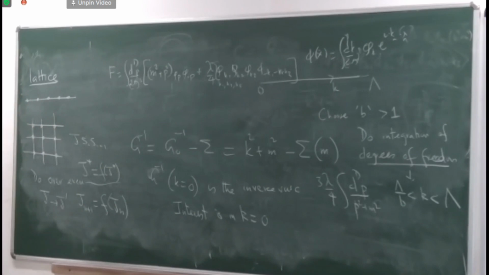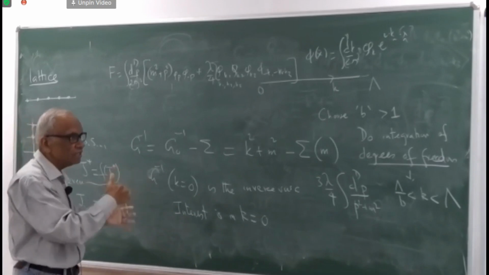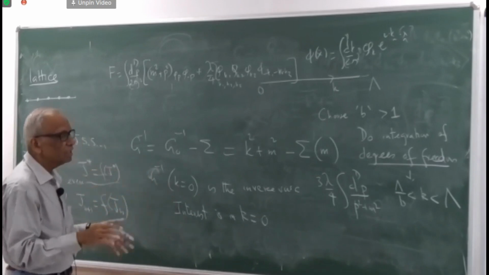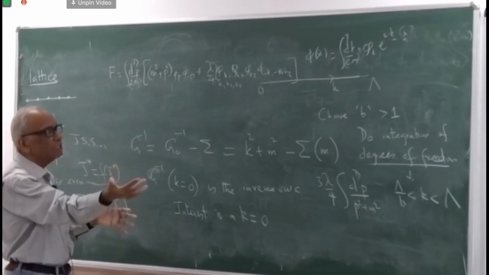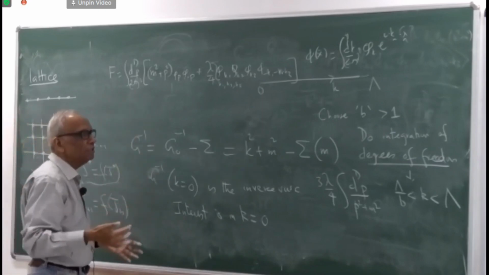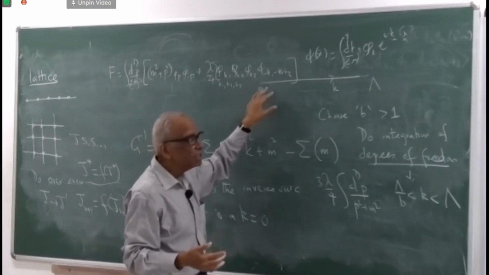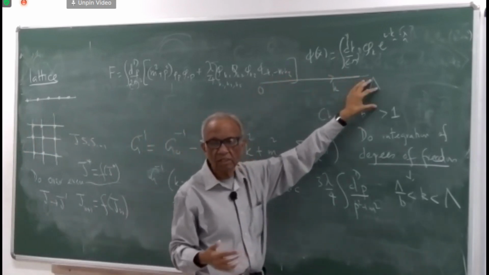mind you, in high energy physics, as things started developing through the 80s, the business was exactly the other way around. They would get rid of degrees of freedom over here and ask what is happening at the high energy end.